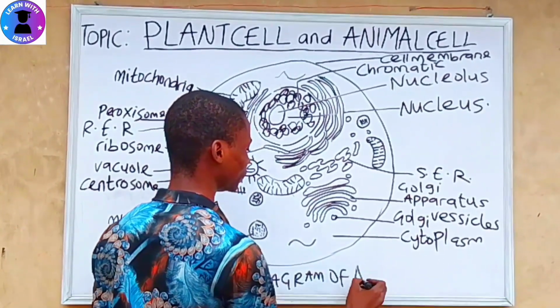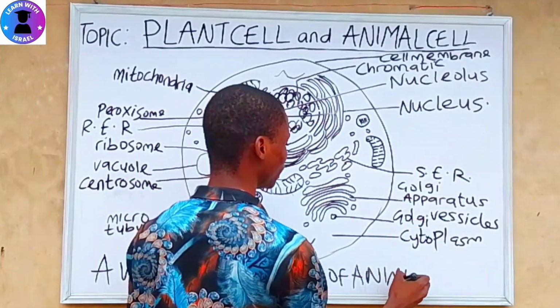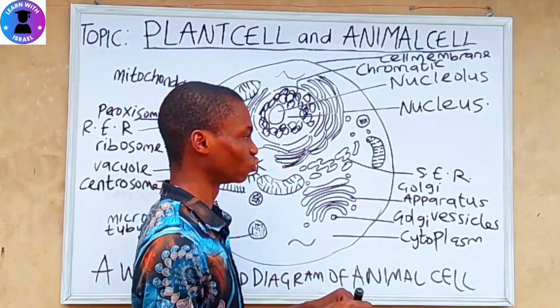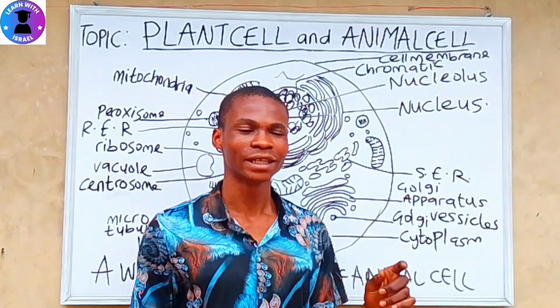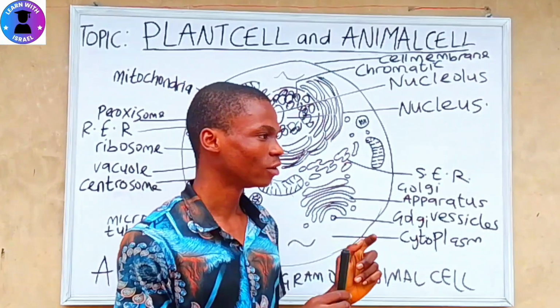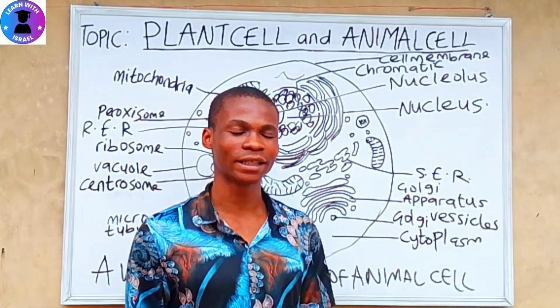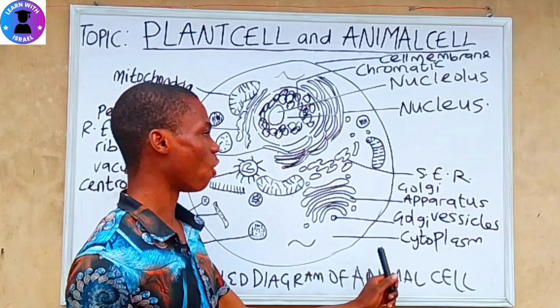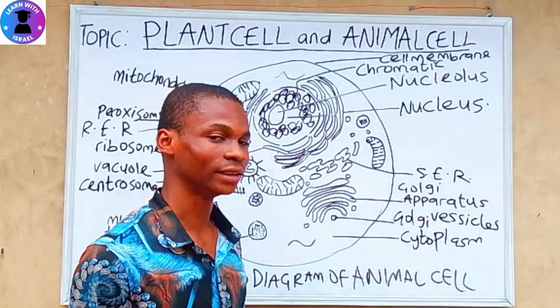Of animal cell. If you are asked to draw a diagram and label it, don't forget to add the name. Once they ask you to draw and label a diagram, don't forget to add a well labeled diagram of something.